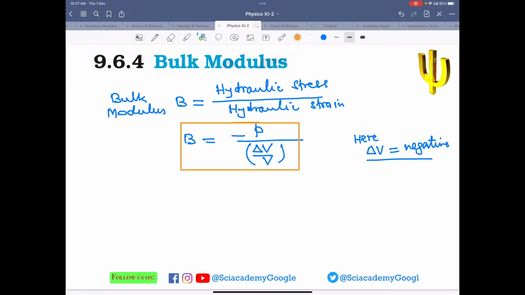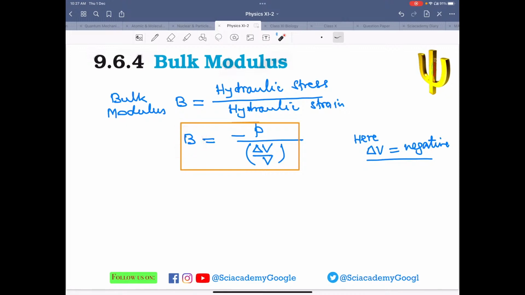So negative sign here indicates the fact that with an increase in pressure a decrease in volume occurs. That is, if P is positive, if you are increasing the pressure, there is a decrease in volume. That means P and delta V are in opposite sign. Thus, for a system in equilibrium, the value of bulk modulus is always positive.